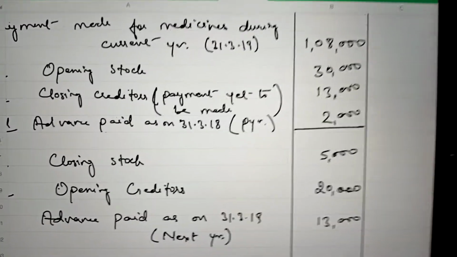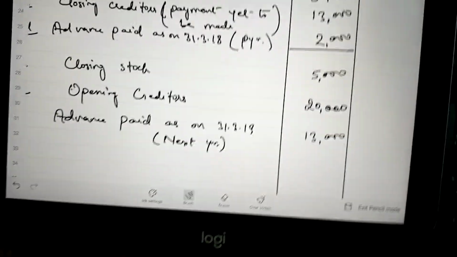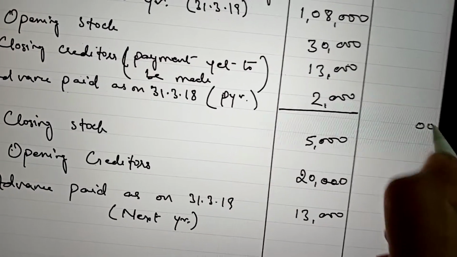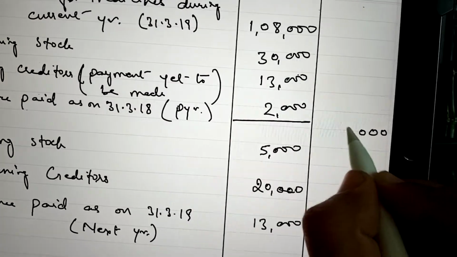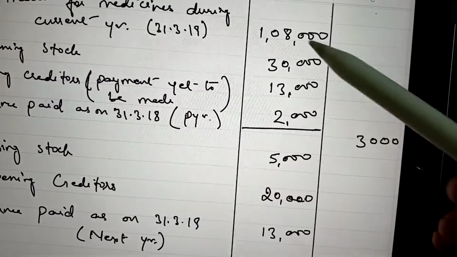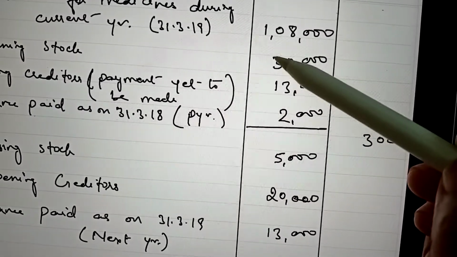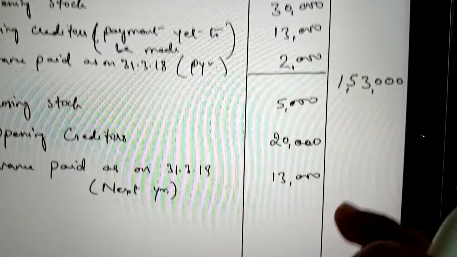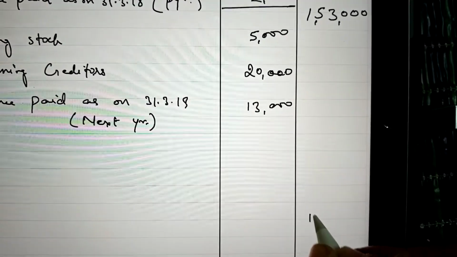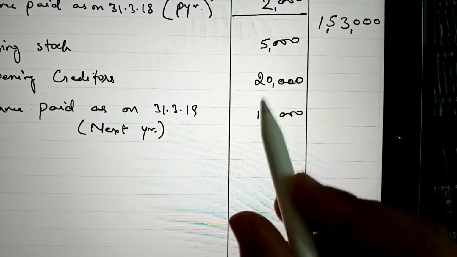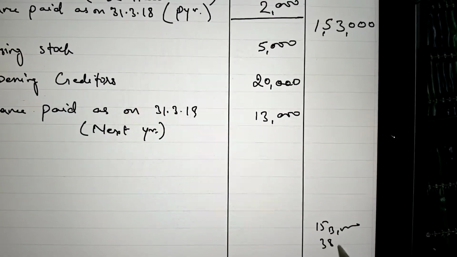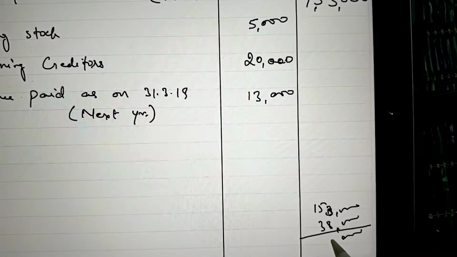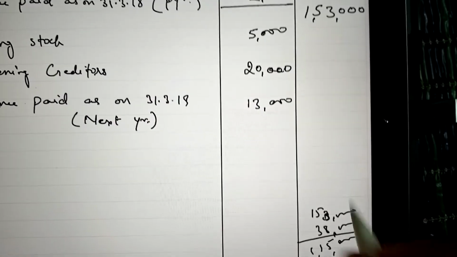So here the answer comes, total is 1,53,000, and when from 1,53,000 the amount, that is 38,000, is deducted, it will come to 1,15,000.